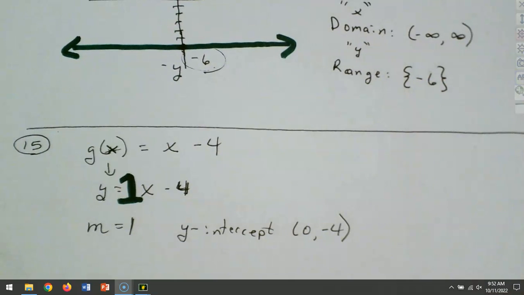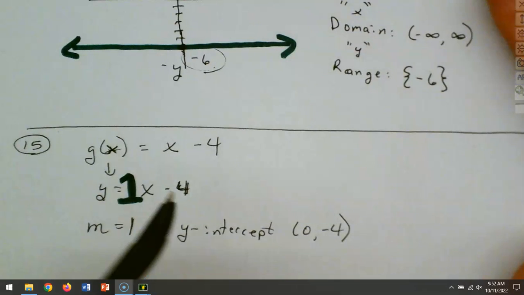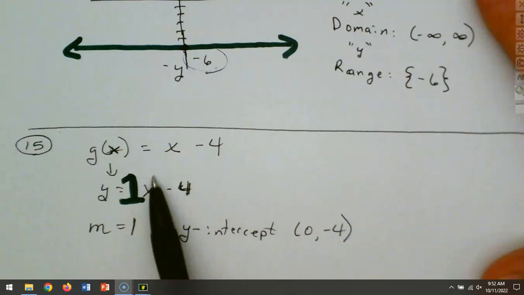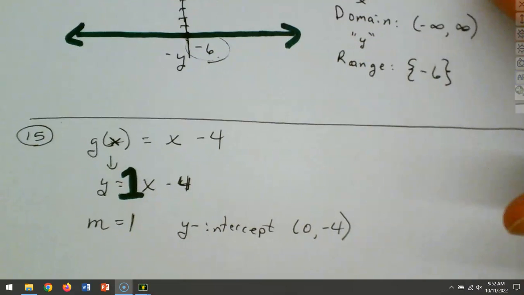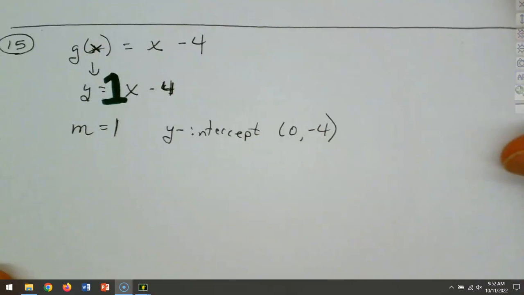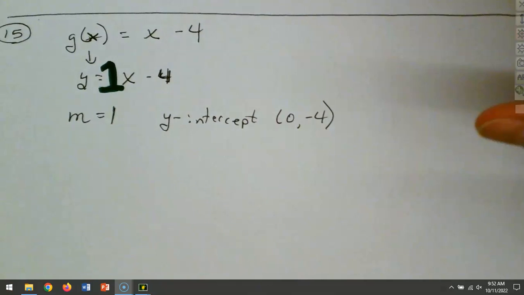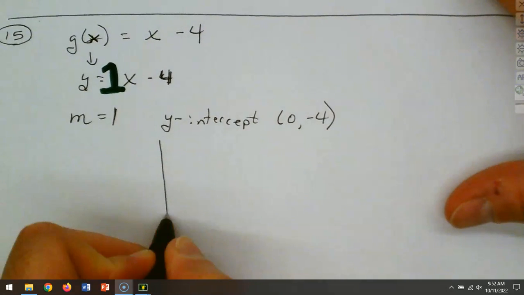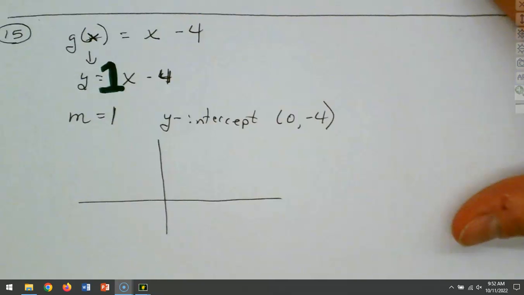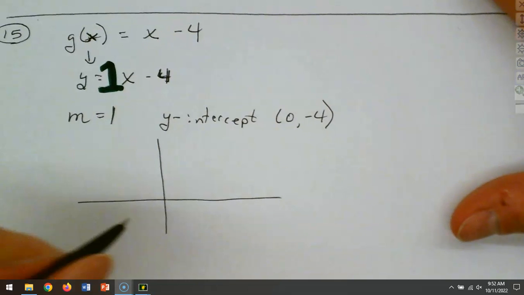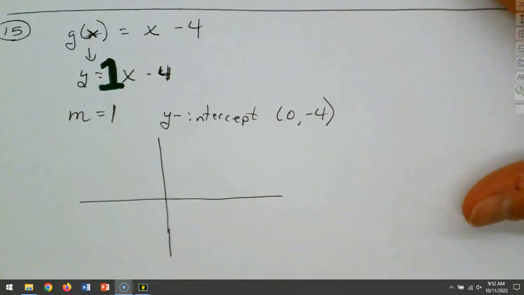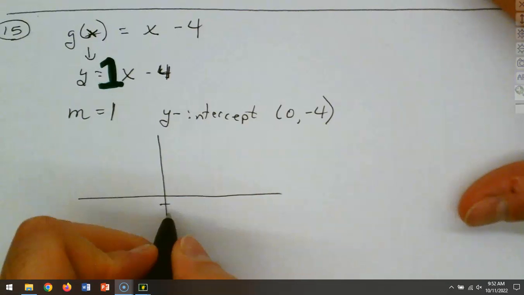So if there's no number in front of the x, what do we use? We use a 1. Y-intercept, where did that come from? That came from the b. How do I graph it? Okay, well, to graph this line, we first find our y-intercept. And our y-intercept is at 0, negative 4. So that's going to be down 4 units.